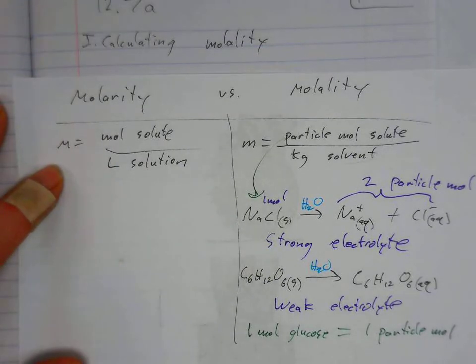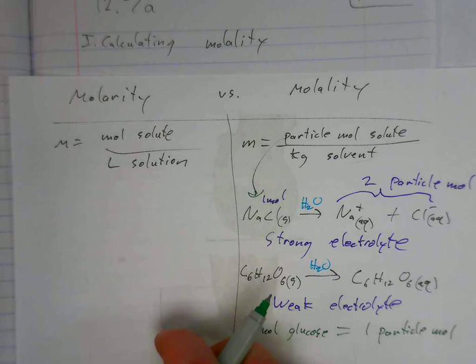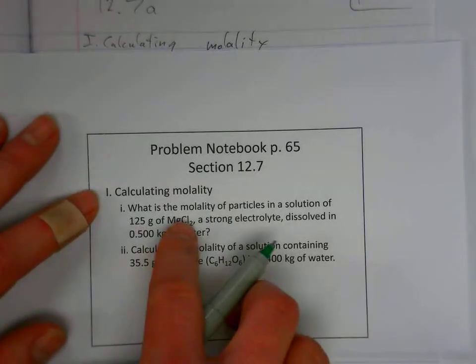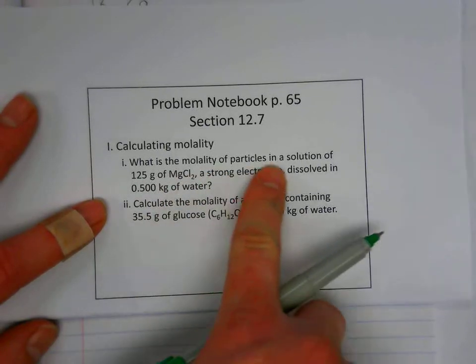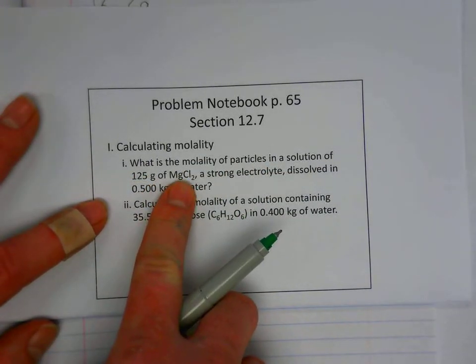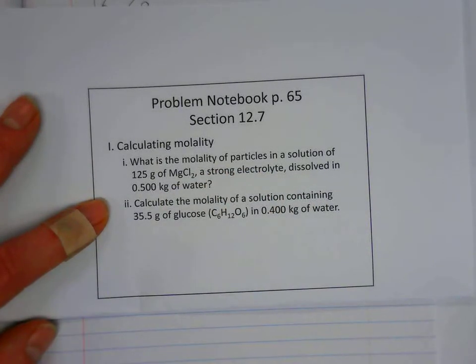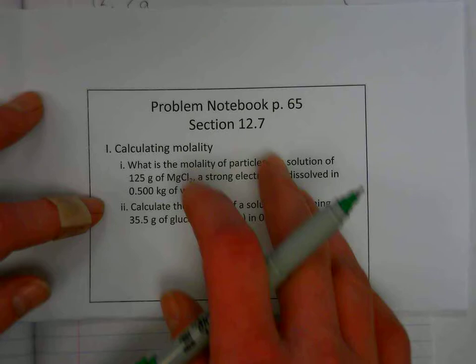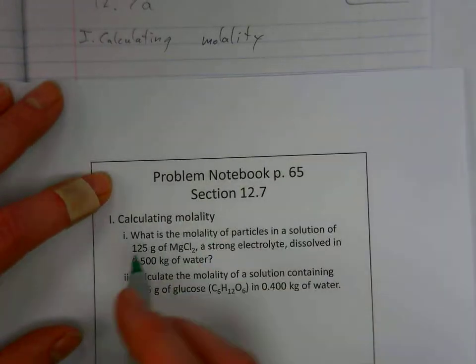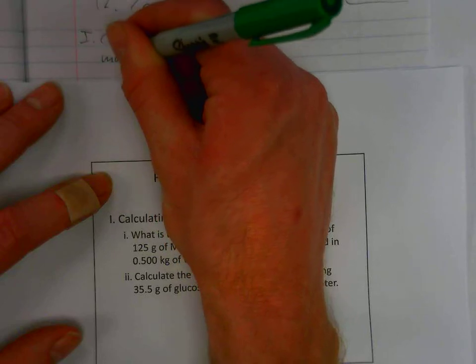What is the molality of particles in a solution of 125 grams of magnesium chloride, a strong electrolyte, dissolved in 0.5 kilograms of water? So we have the mass of the solute, which is 125 grams MgCl2.